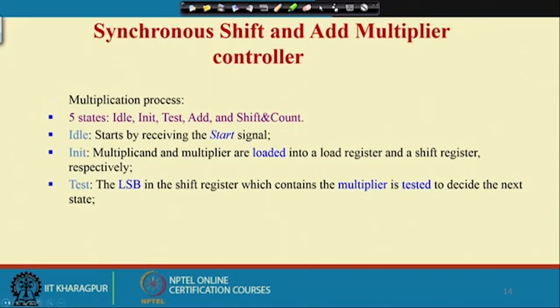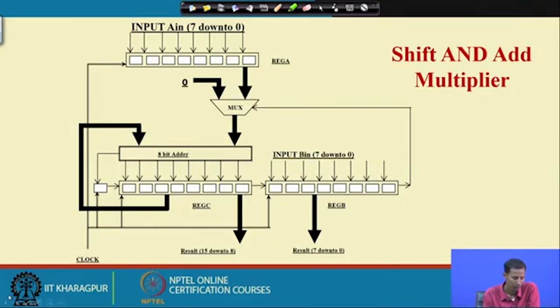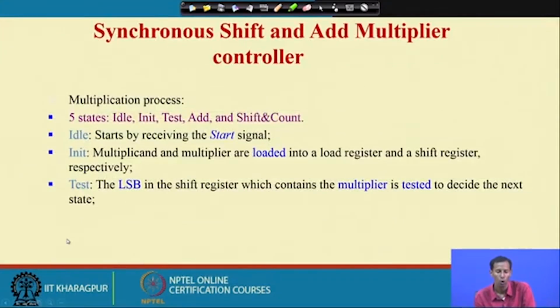So, then we have this synchronous shift and add multiplier. That means, whenever we are doing this multiplication, shift and add, at that time there are two types of multiplier, one is synchronous, another one is asynchronous. Okay. So, the synchronous shift and add multiplier is very much in common use.